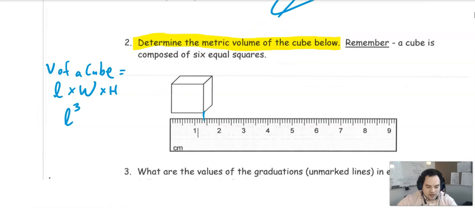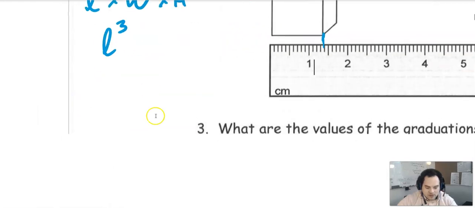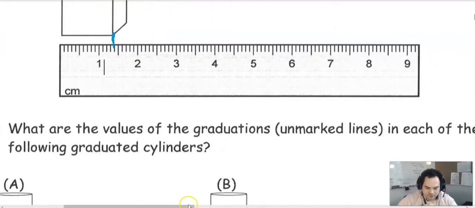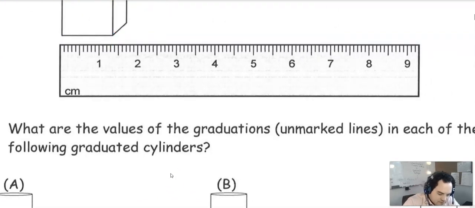So let's zoom in a little bit on this cube. And it looks like the cube is about 1 centimeter. So you have 1 centimeter, 2 centimeter, 3 centimeter, 4 centimeter. The only reason I know this is in centimeters is because it says so right there.